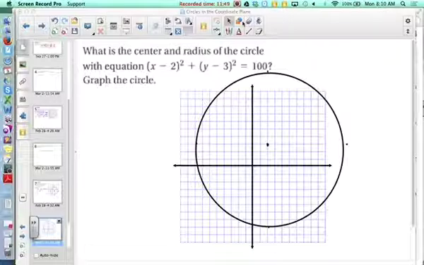And your graph should resemble mine, having a center of 2, 3 and a radius of 10. Okay. I will be activating a daily quiz on Socrative and putting the book on the screen if you want to get a jump on the assignment.